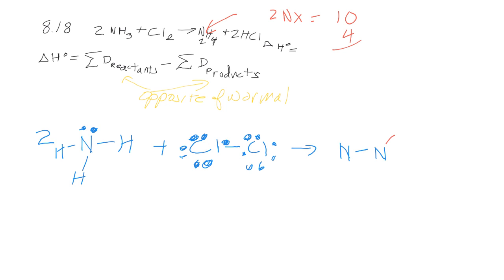My nitrogens are connected to each other, and each one has 2 hydrogens attached. That skeletal structure costs me 2, 4, 6, 8, 10 to build, which leaves 4 left over. So I'm going to place those on my central atom, and that appears to be my structure for hydrazine.